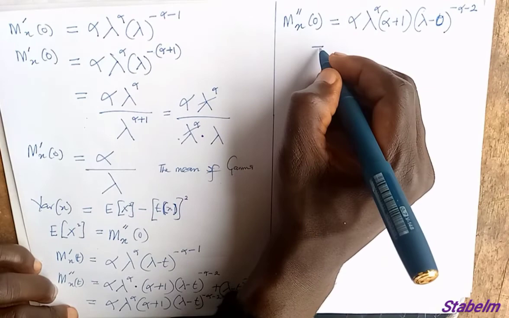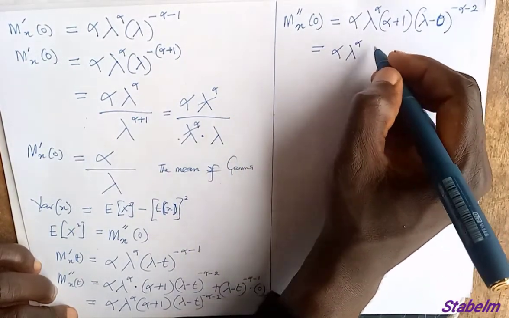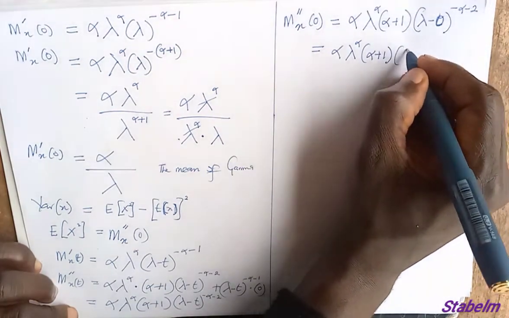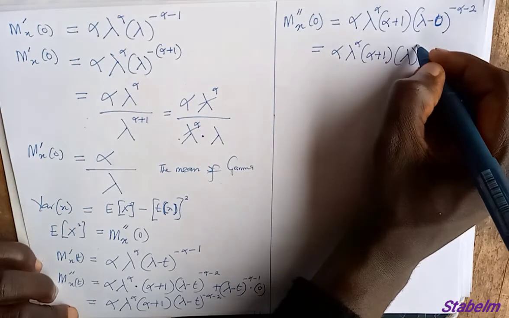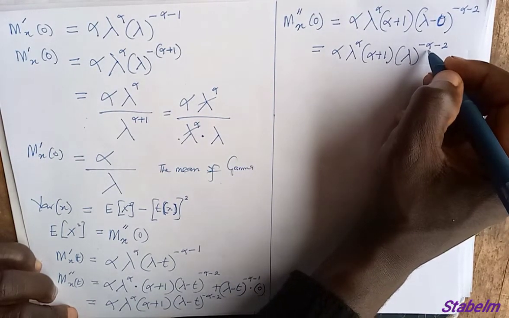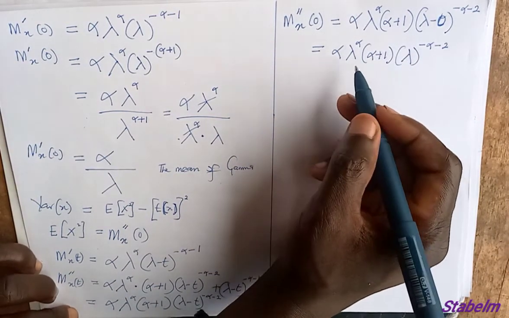So therefore we can have this as alpha lambda raised to power alpha into bracket alpha plus 1 into bracket lambda raised to power minus alpha minus 2. So this is what will be left.